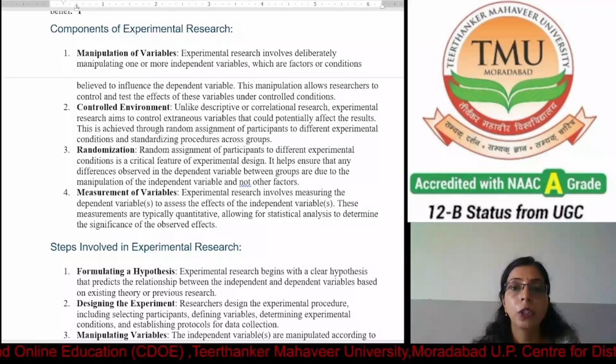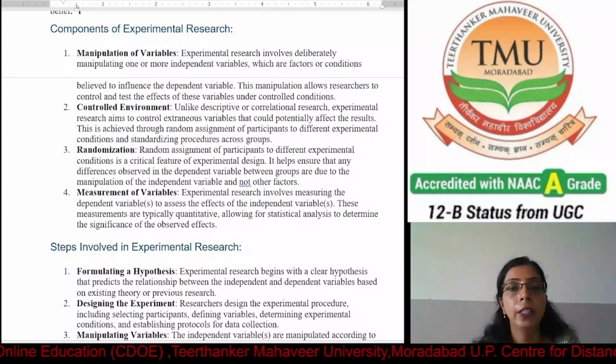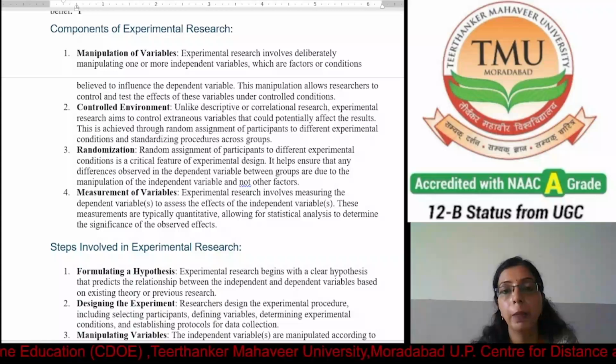All these sources of error are related to the internal validity of any experimental design.